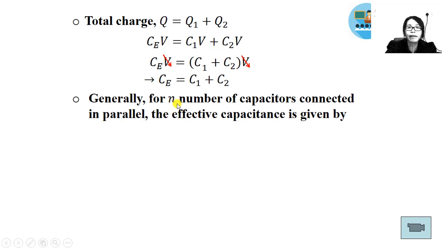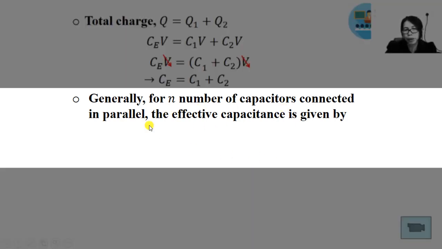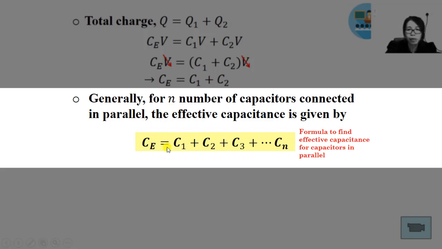Generally, for n capacitors connected in parallel, the effective or total capacitance will be C1 plus C2 plus C3 until the n capacitors. So this is the formula to find the effective capacitance for capacitors in parallel.